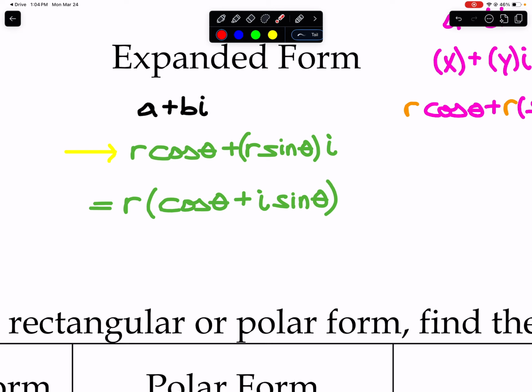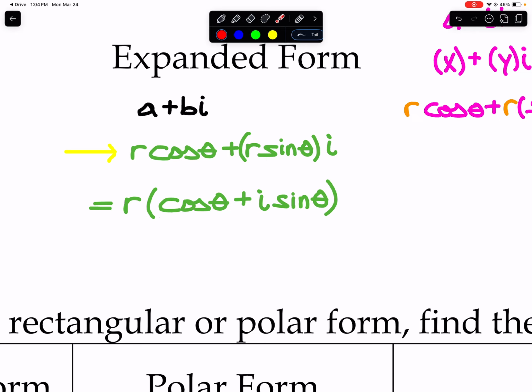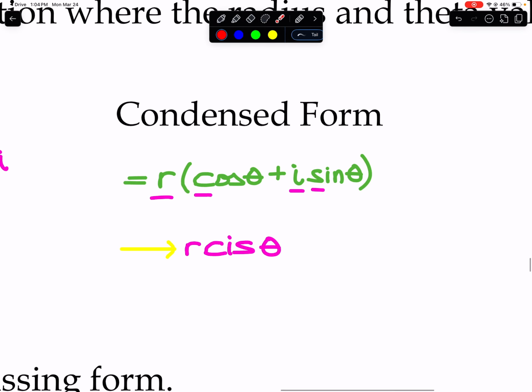So mathematicians have developed a way to abbreviate it. We took the r value, which is the distance from the pole, c for cosine, i for imaginary, s for sine, and then theta to represent your angle. So we have r, c, i, s, and then theta, which is where this comes from. This is what we call your condensed form.